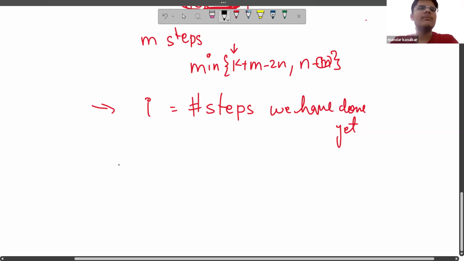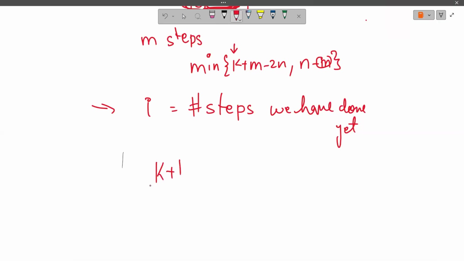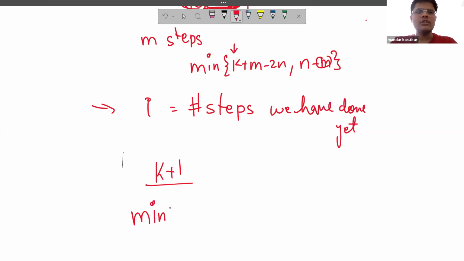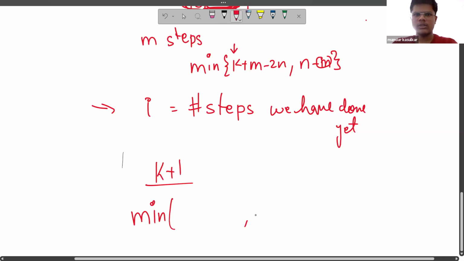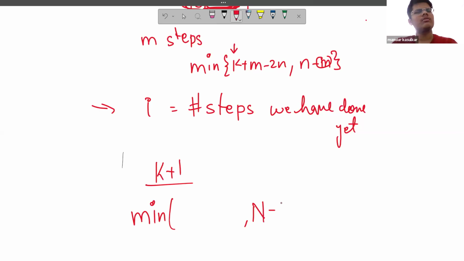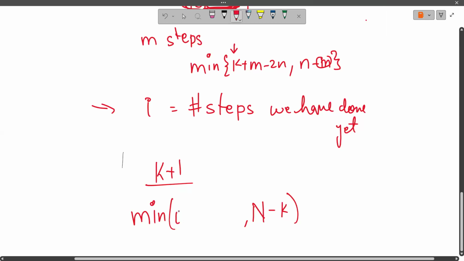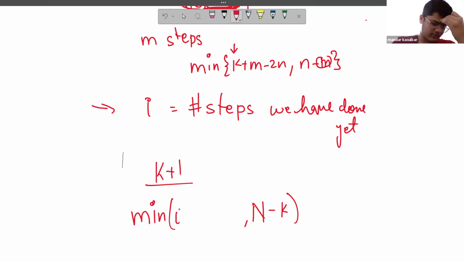Now I have named it k, right? Yes, you can show that the k plus first 0 is in the position that is the minimum of capital N minus k, or it is i plus... Wait, why am I forgetting?